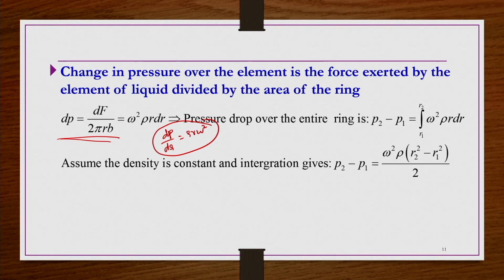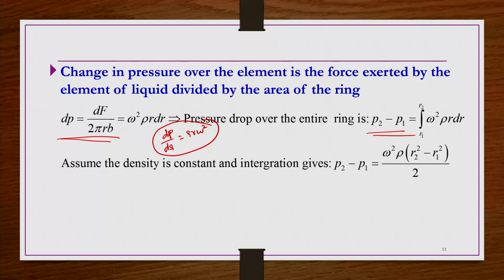So, let us say the pressure drop over the entire ring is P2 minus P1, then you integrate this right hand side and substitute the limits R1 to R2, then we will get P2 minus P1 equals omega square rho (R2 square minus R1 square). R2 is nothing but the ball radius, and R1 is nothing but the radius of the interface.